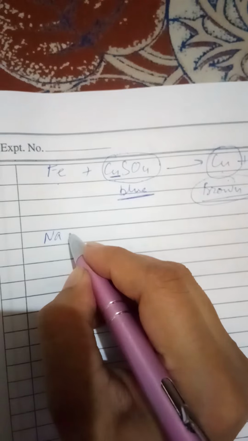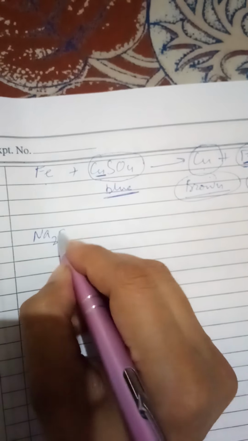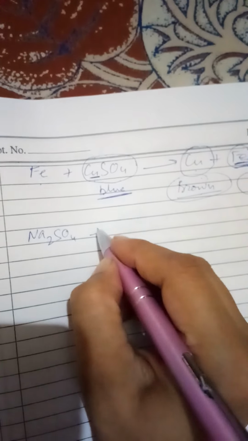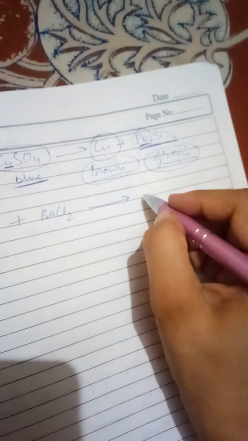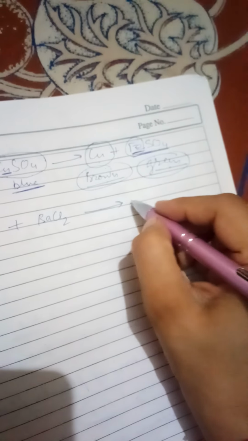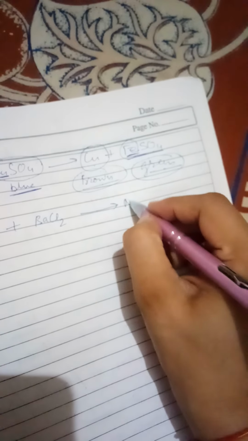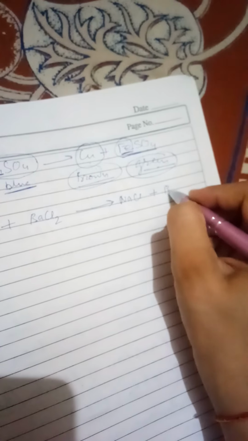Mutual exchange means if we add sodium sulfate solution and barium chloride solution, then what happens? A reaction will take place, a chemical change will be there, and NaCl and barium sulfate will be formed.